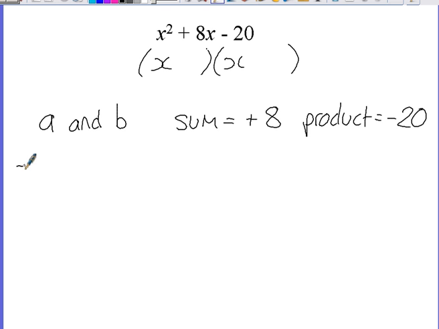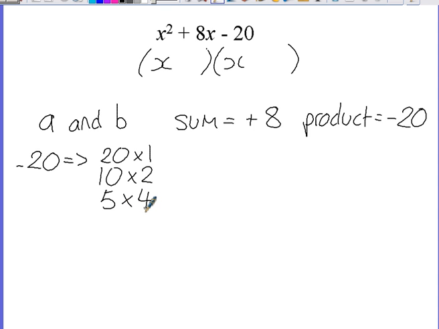So what makes negative 20? Well, you've got 20 times 1, you've got 10 times 2, you've got 5 times 4. That's it, that's all we've got. So we've got 3 options.